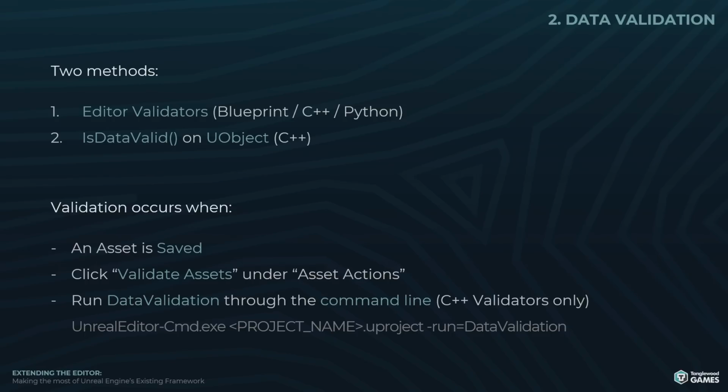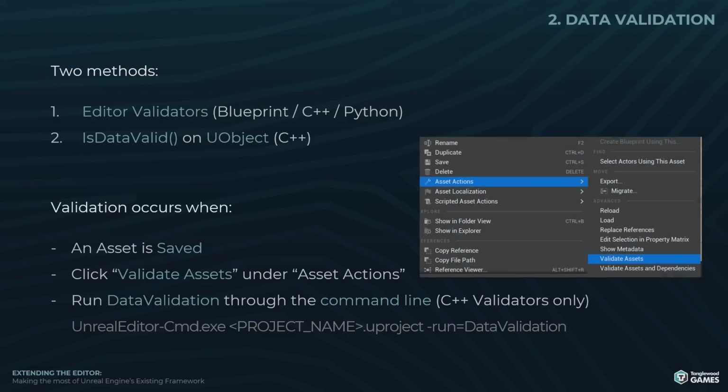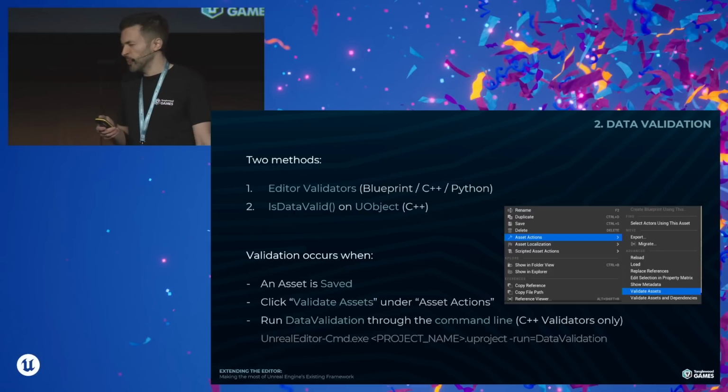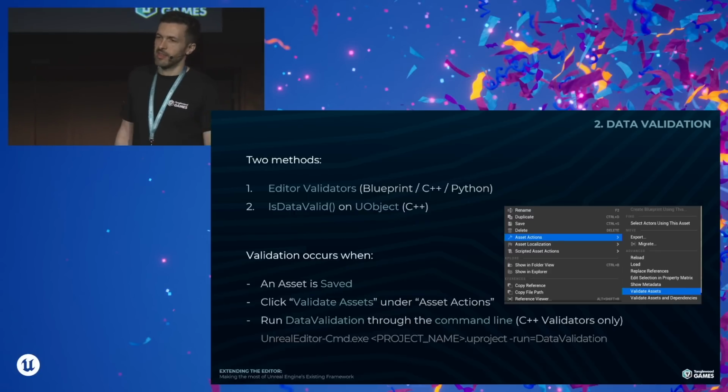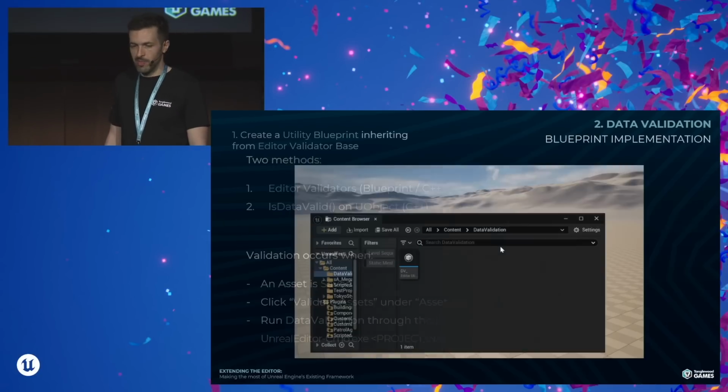And validation is actually run every time we save something by default. Or we can also click on validate assets and any dependencies, or we can run it through the command line, but that will only evaluate those created in C++.